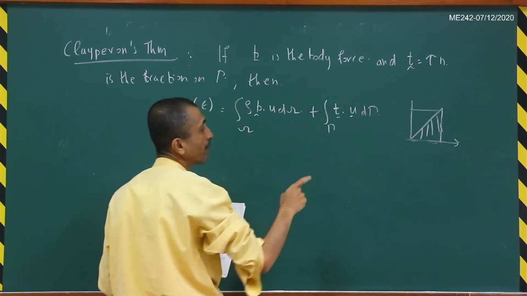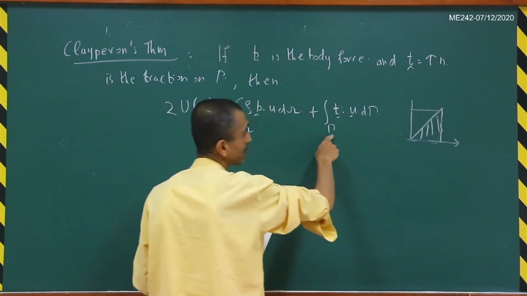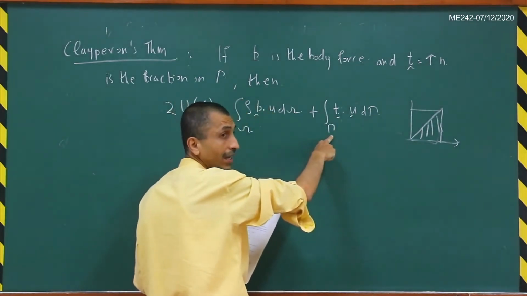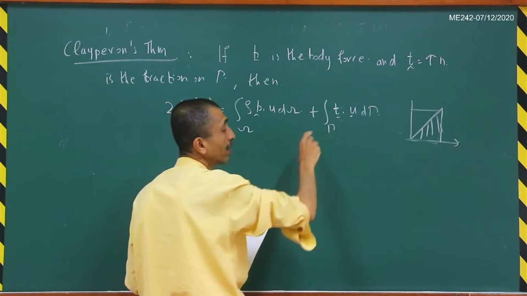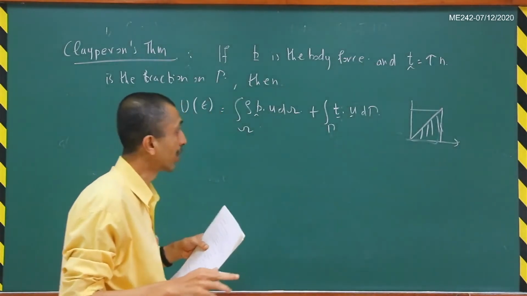Here, one important thing to remember is that this is an integral over the entire gamma, not only on the part where the tractions are prescribed, but on the entire boundary.